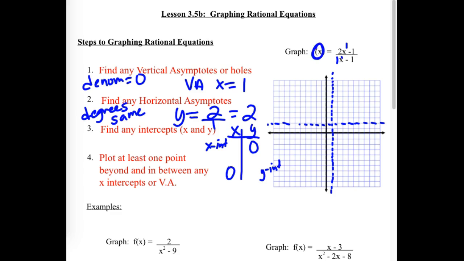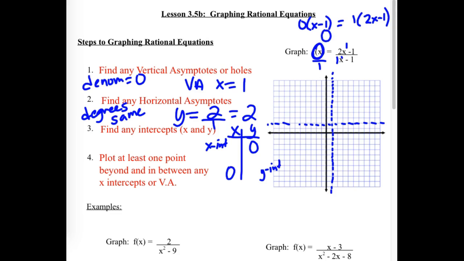And I want you to think of this as if it were a proportion. If it was a proportion, we could cross multiply. And we would have 0 times x minus 1 equaling 1 times 2x minus 1. Yes? But 0 times anything is 0.